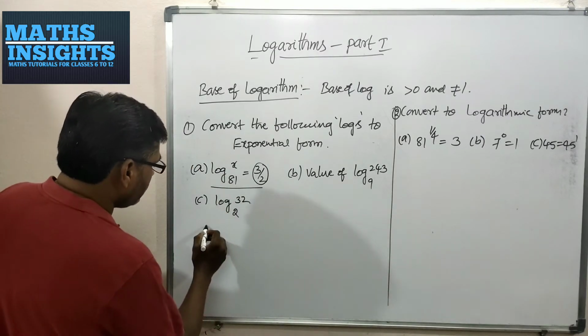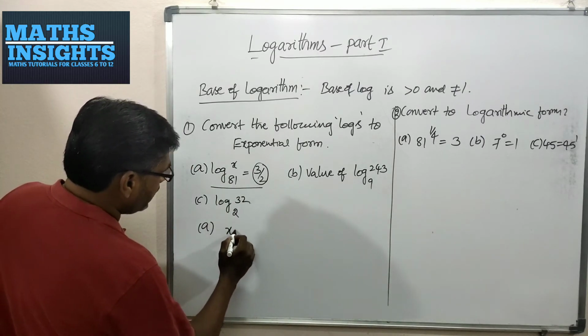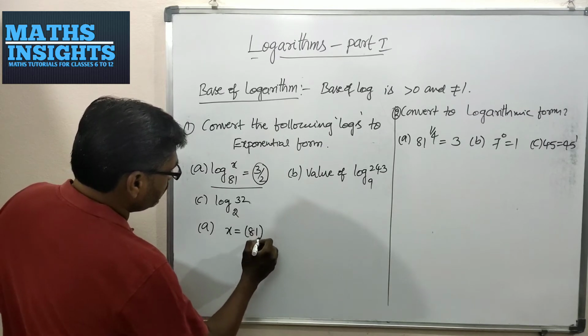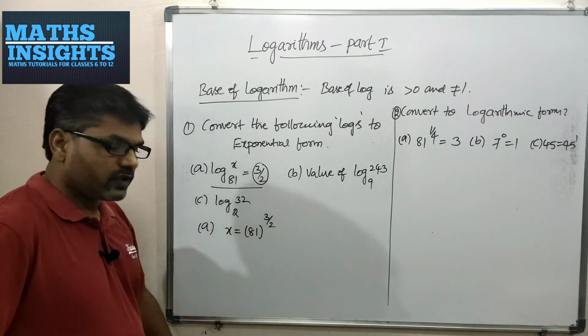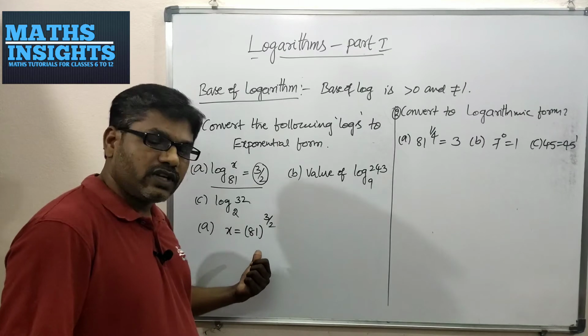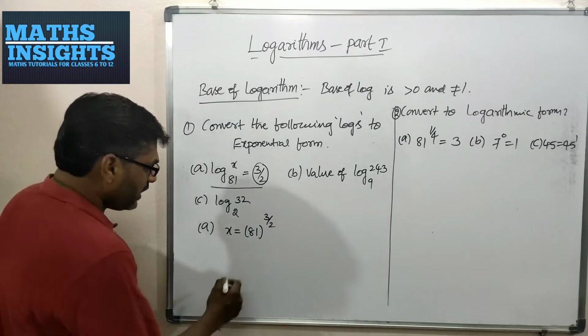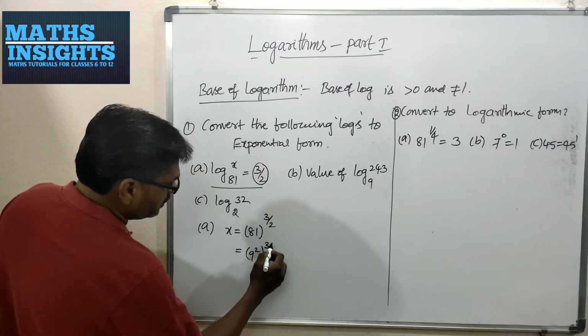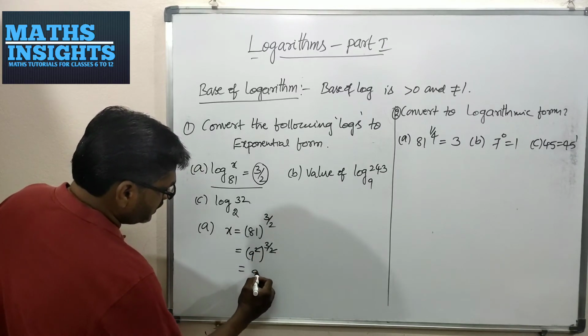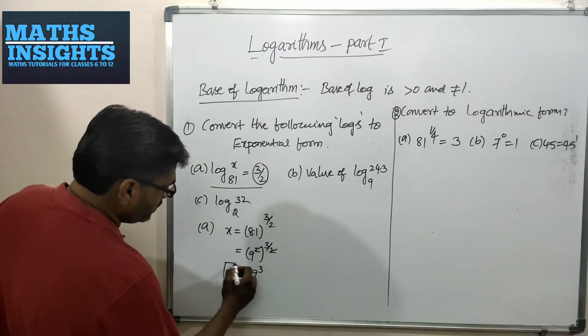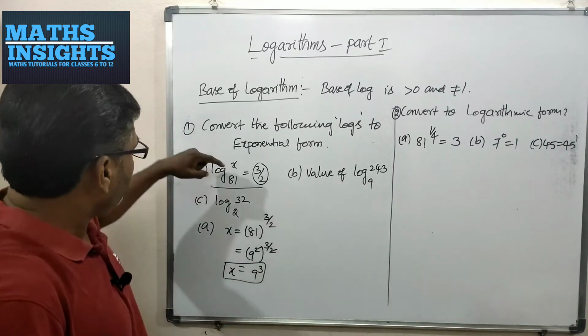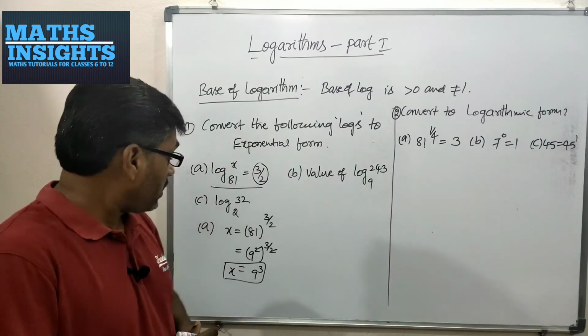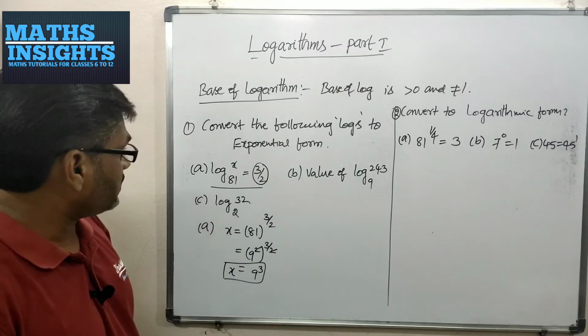Therefore the first one becomes x equals 81 power 3 by 2. If you simplify it, you will get the value of x. 81 can be written as 9 square whole power 3 by 2. The 2 cancels, that is 9 cube. The x value is 9 cube. You can convert this into exponential form and find the value of x.